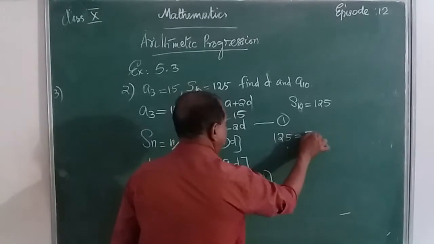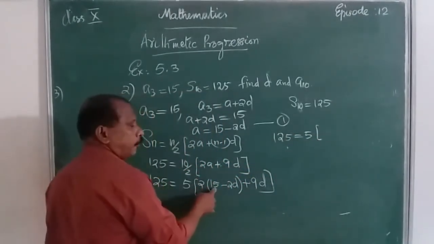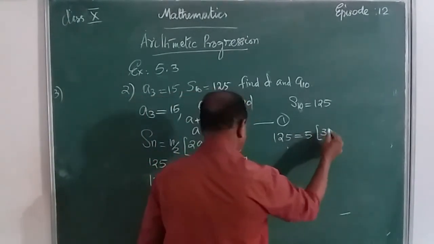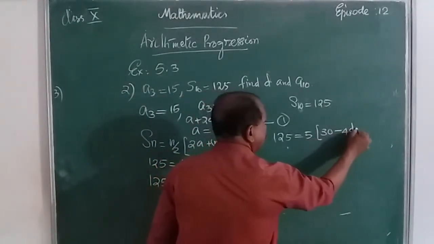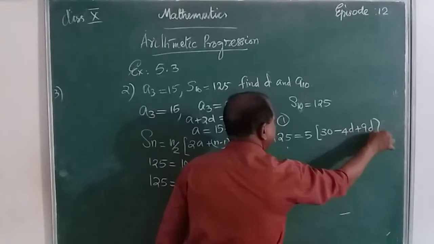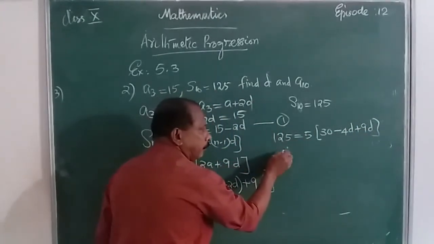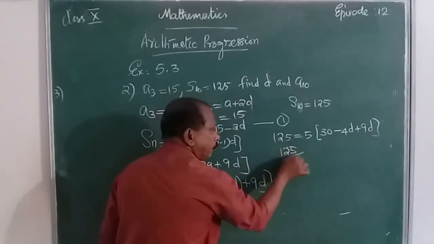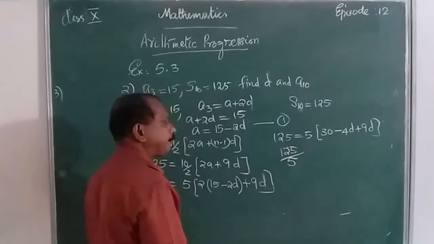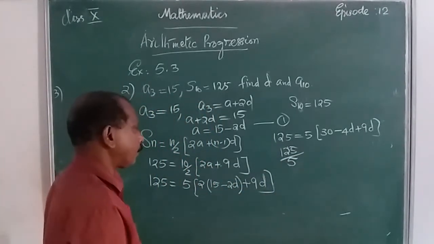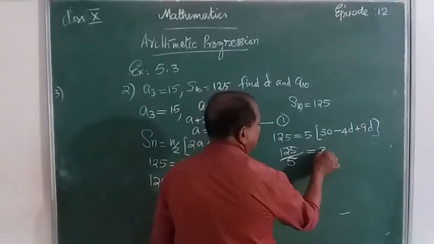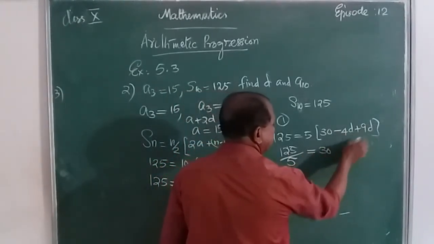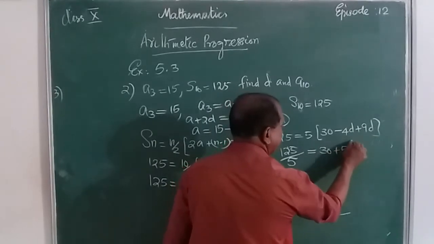That is 125 is equal to 5 into (15 into 2, 30; 2 into minus 2d, minus 4d, plus 9d). Then divided by 5, 125 by 5 is equal to 30 minus 4d plus 9d, that is 5d.